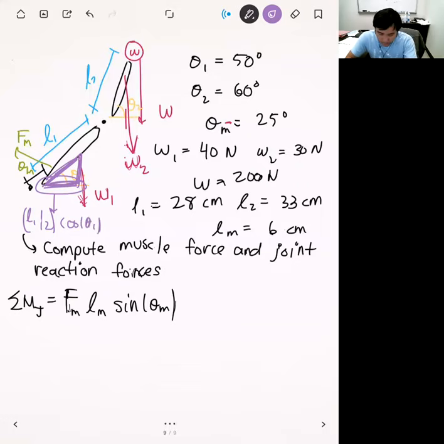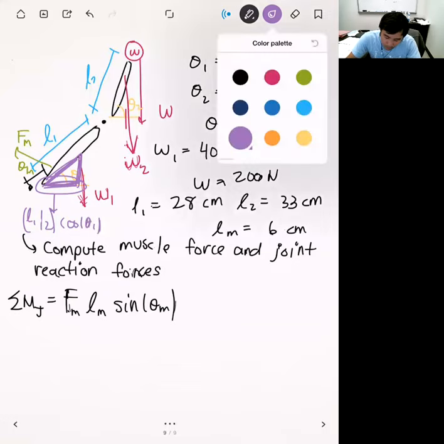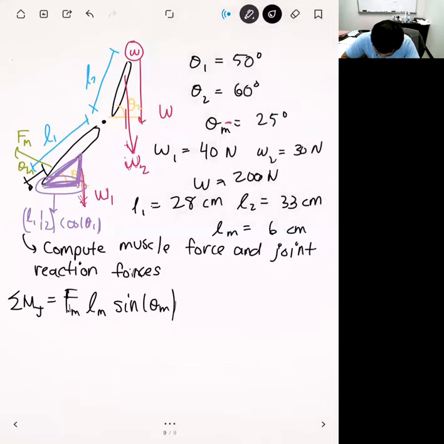All right, and so let's go ahead and input this into our equations. This is going to be clockwise. So we have a minus W1 times L1 divided by 2 times cosine of theta 1.